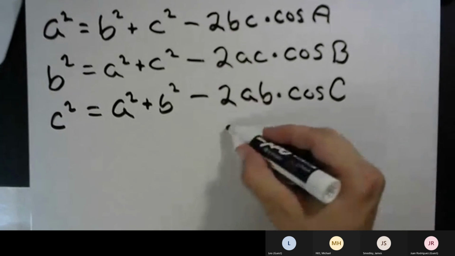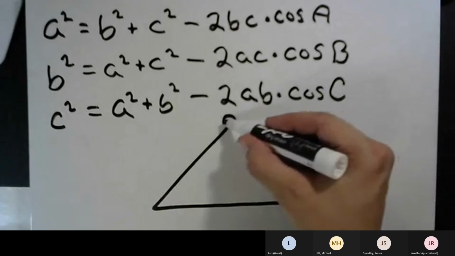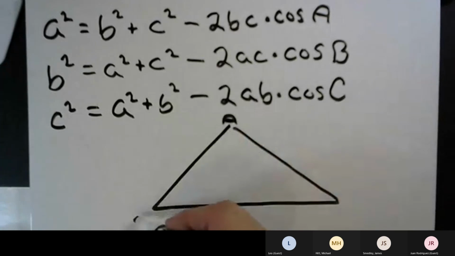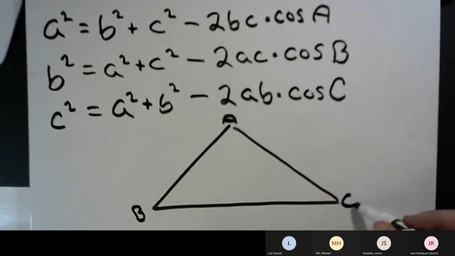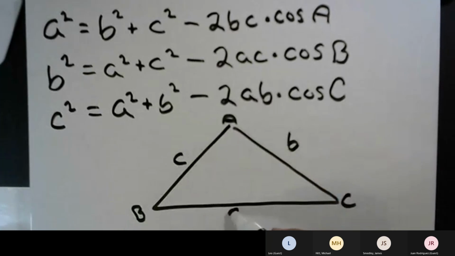And then we're talking about a triangle. It's going to look something like this. There's A, there's B, there's C, B, C, and A.